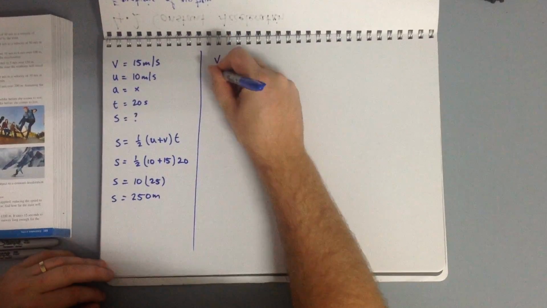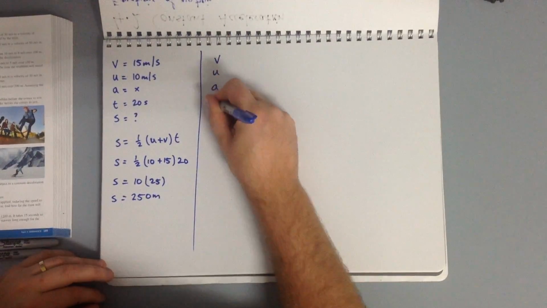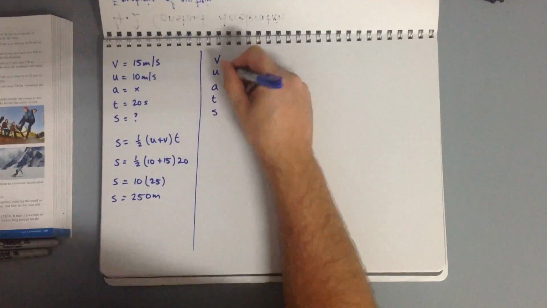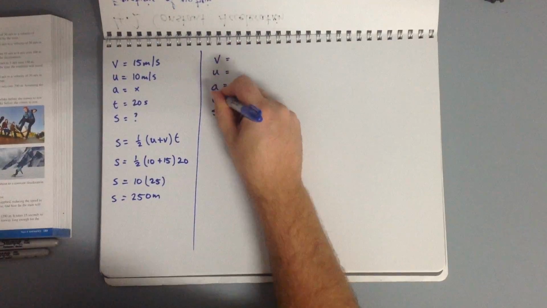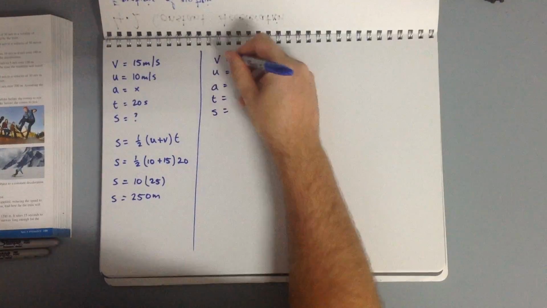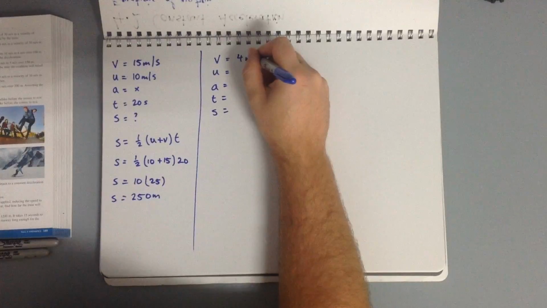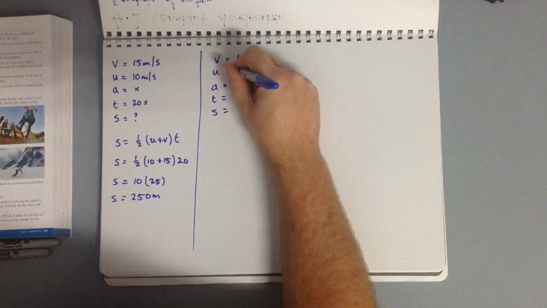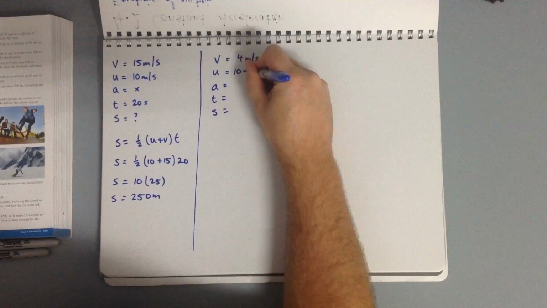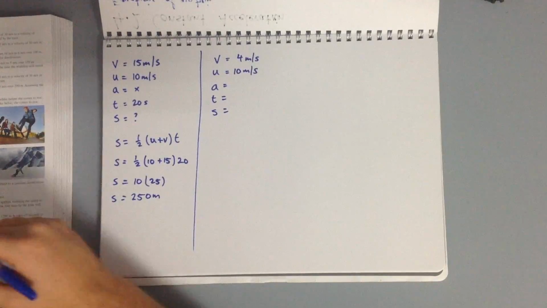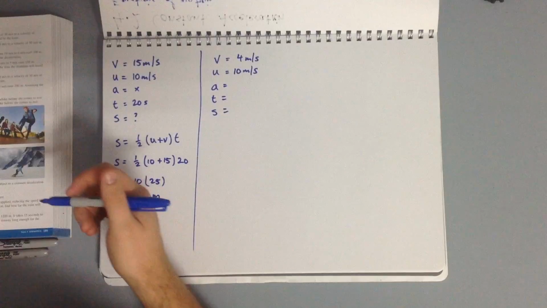Here's our V, our U, our A, our T and our S. We know that our V is 4 metres per second and that our U is 10 metres per second. Note, they've been nice, they haven't given us any units that aren't in the ones that we want.